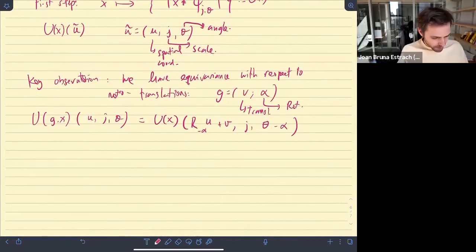So now what it means is that formally, I can just treat it as a single image. There is an image that is defined over a bigger group.